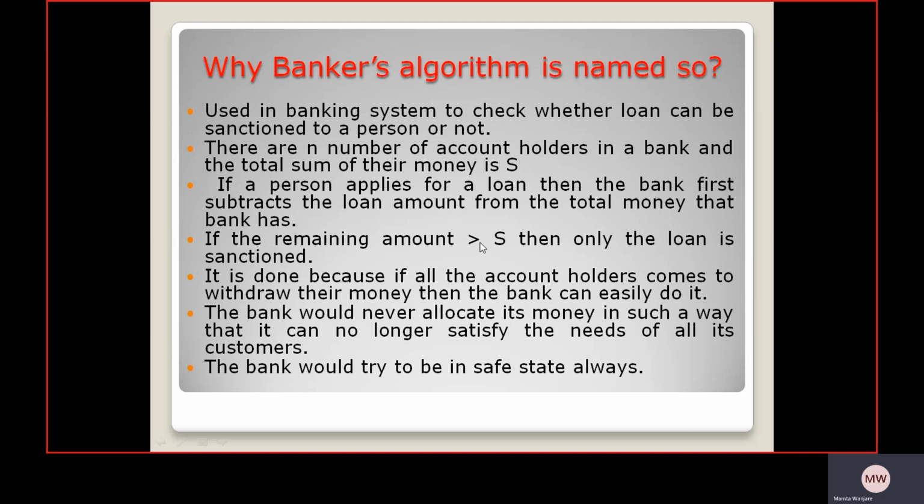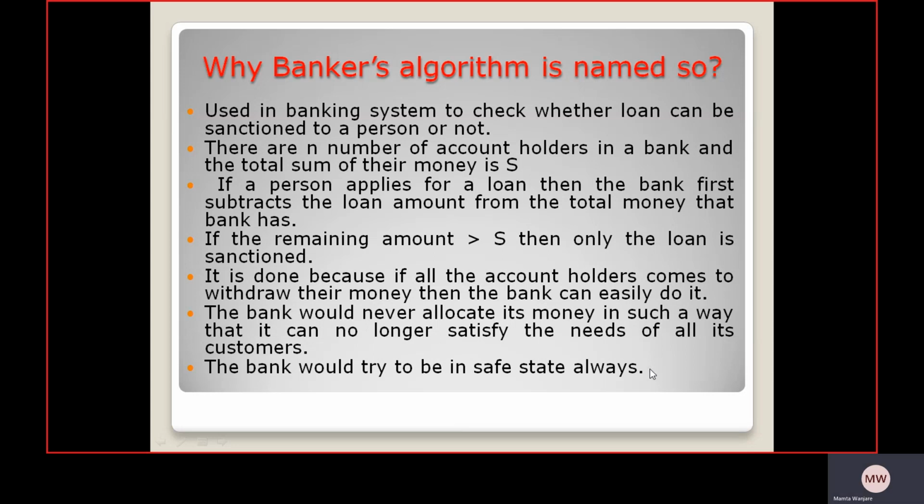If the remaining amount is greater than S, then only the loan is sanctioned. It is done because if all the account holders come to withdraw their money, then the bank can easily do it. Therefore, the bank would never allocate its money in such a way that it can no longer satisfy the needs of all its customers.